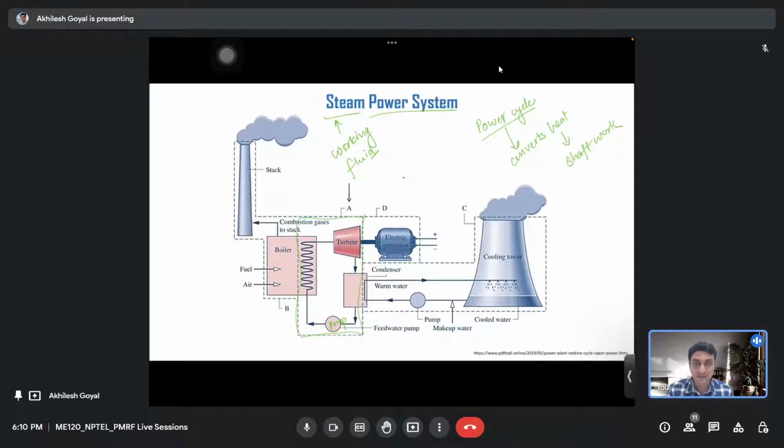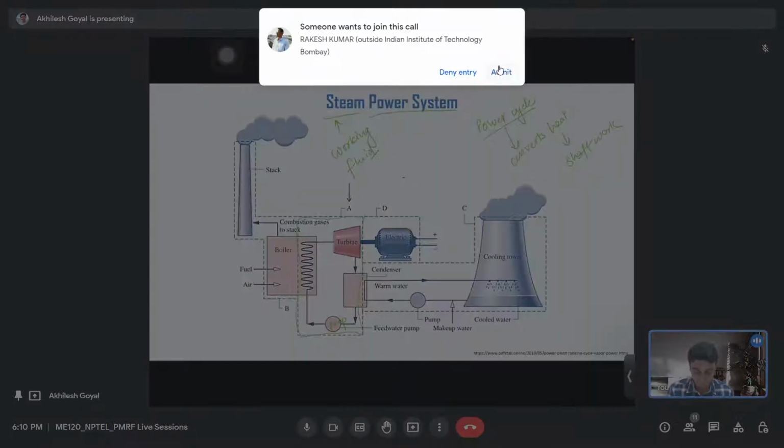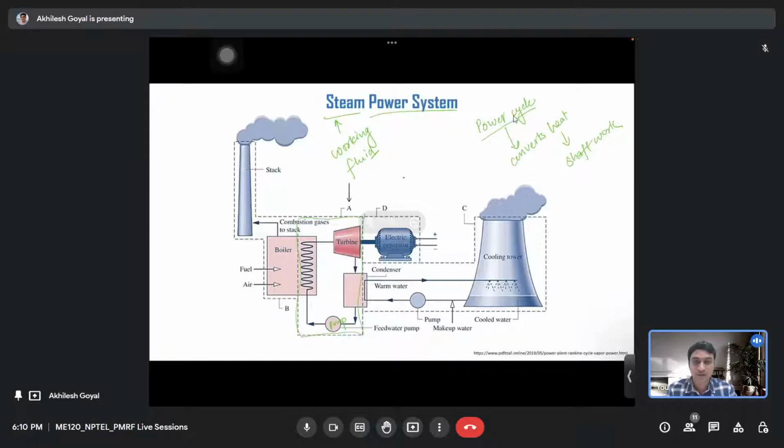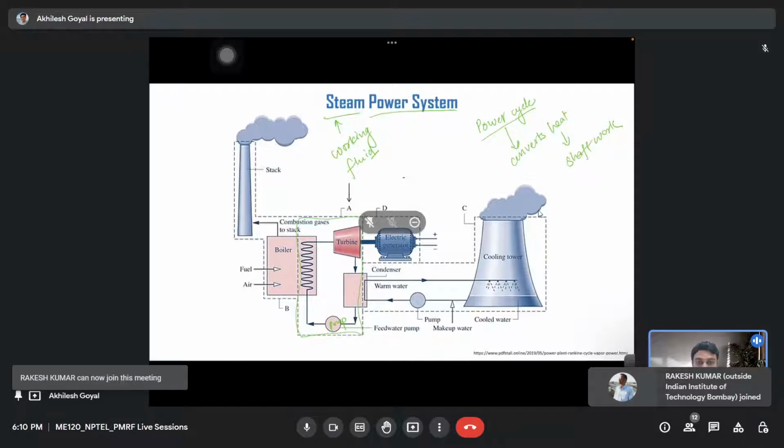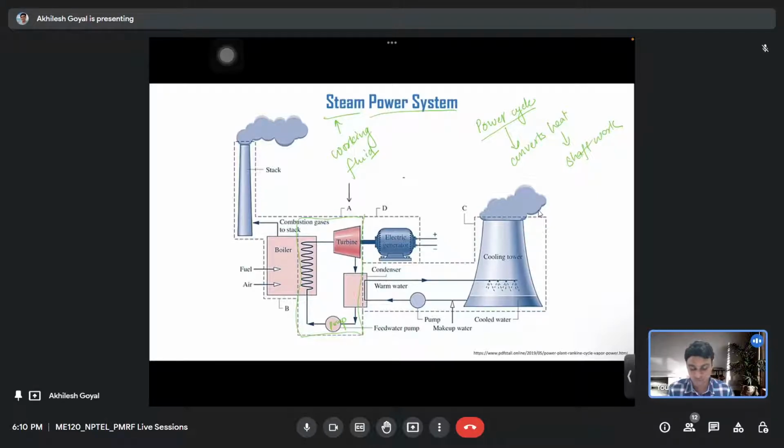Then the third one is the condenser where this steam is condensed into water and loses some heat. And the last one is the pump, which increases the pressure of this condensed water and feeds this high pressure condensed water into the boiler again. So this is the cycle.